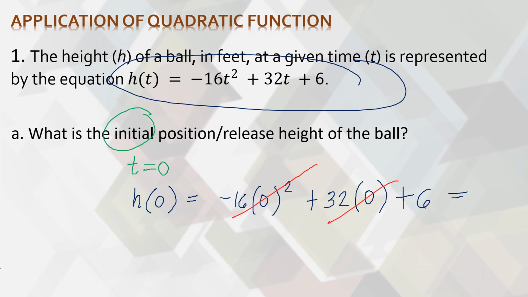So the answer is 6. So it means to say 6 feet. Ang ibig sabihin nito, ang bola ay makikita mo 6 feet from the ground, above the ground. So ibig sabihin, nandun siya sa isang particular, maybe that can be a building or a particular, wala siya sa ground, sa madaling salita.